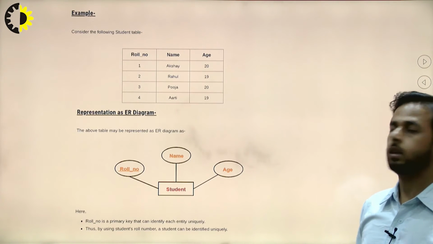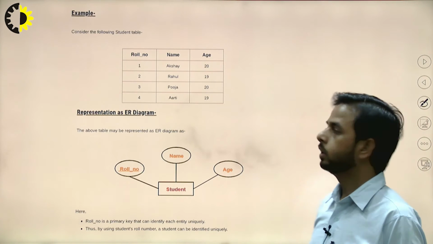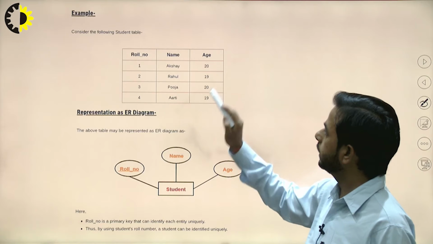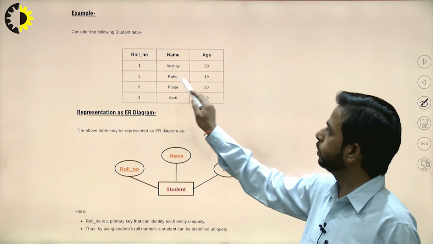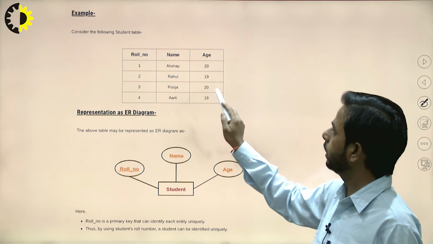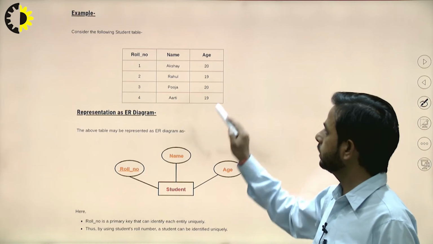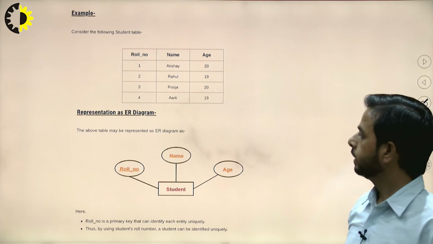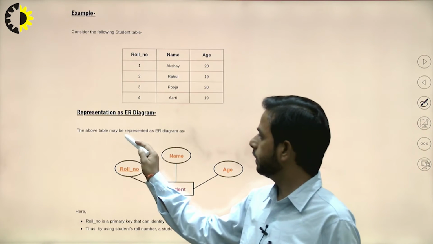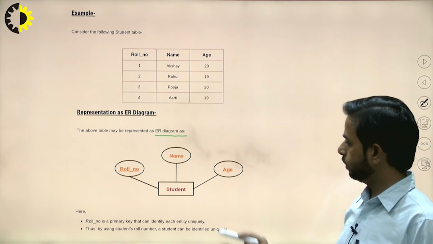Next, let's see one example. Consider the following student table. Akshay has age 2 and roll number 2, Rahul is age 19 with roll number 3, Pooja is age 20 with roll number 4, and Aarti is age 19. The table may be represented as an ER diagram as follows.